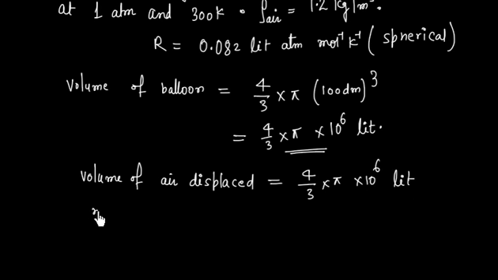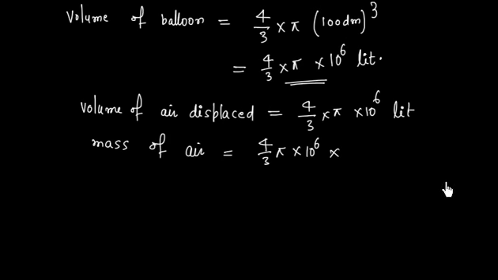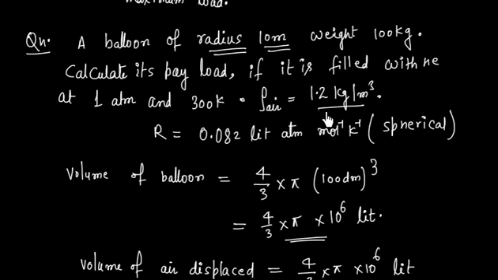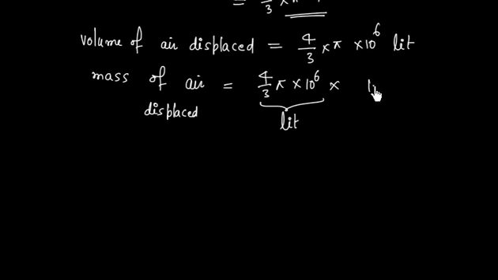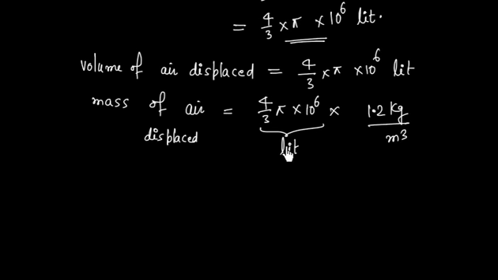So we can calculate the mass of air displaced. This is in liter, 4 by 3 pi r cube. And we have been given rho. The density is given as 1.2 kg per meter cube.